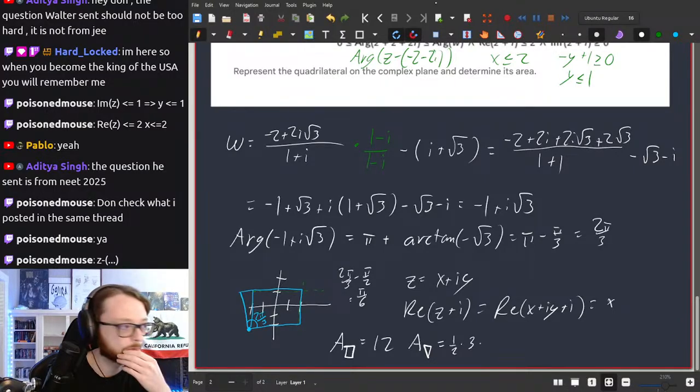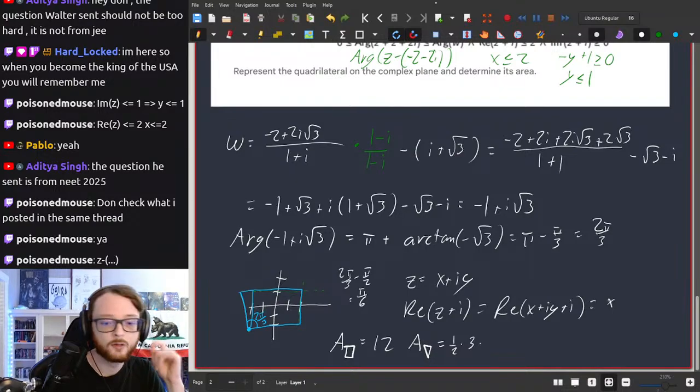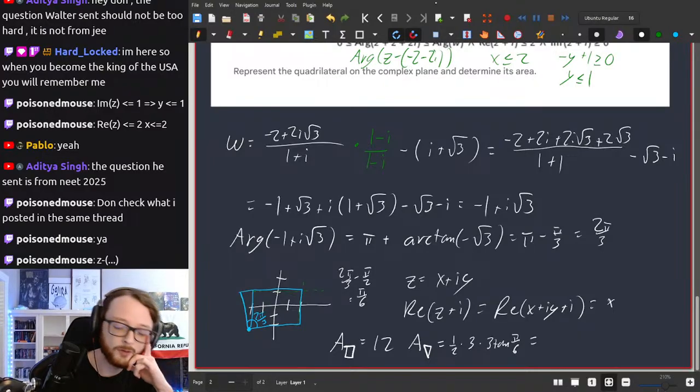The base is 3 times tangent pi over 6, whatever that is. Tangent pi over 6 is 1/2 divided by root 3 over 2. So 1 over root 3.